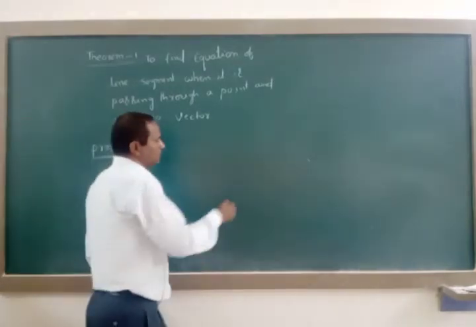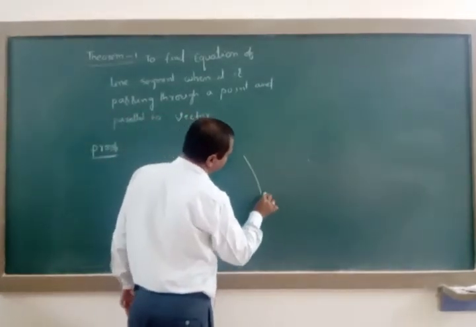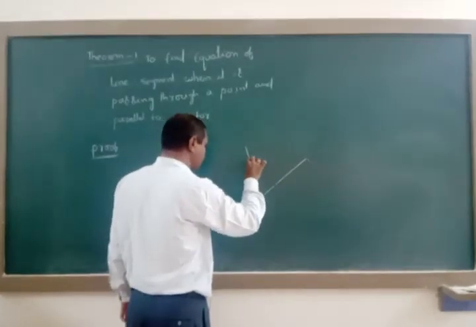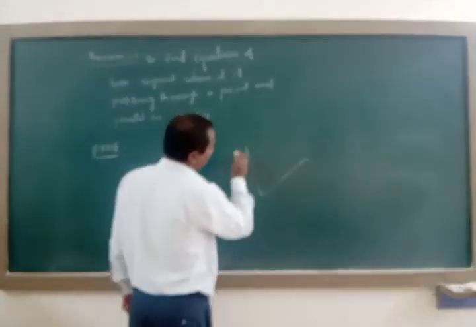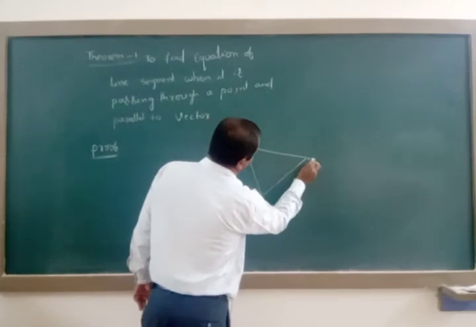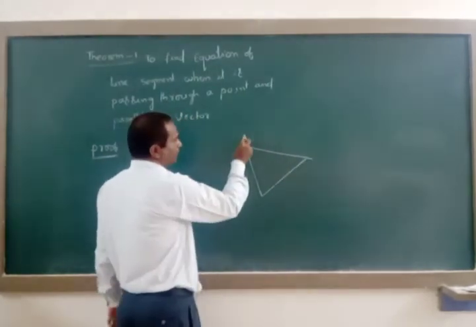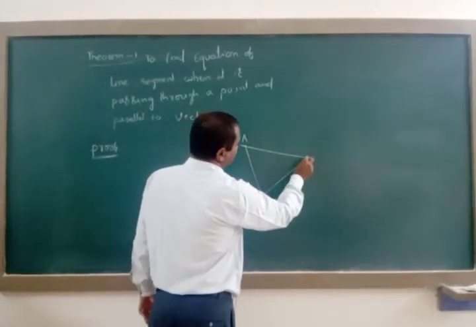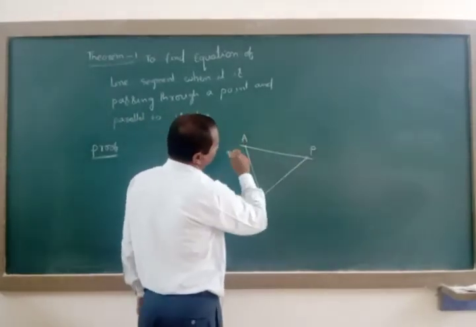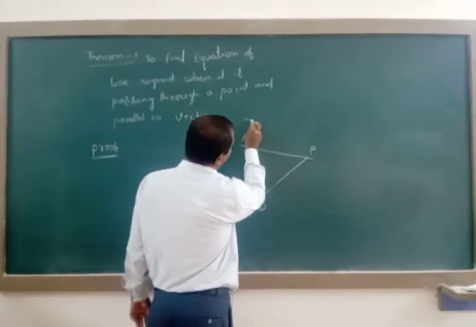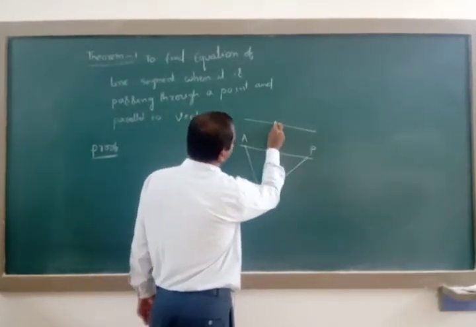Take one line segment. Here the line is passing through a point A, P is a general point and O is the fixed point. It is parallel to one vector, that is B bar.